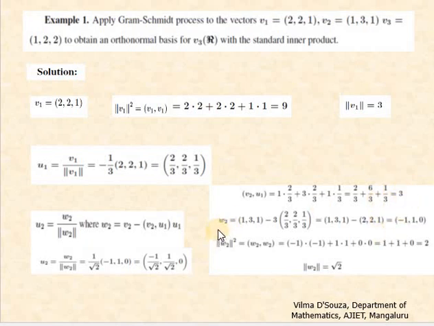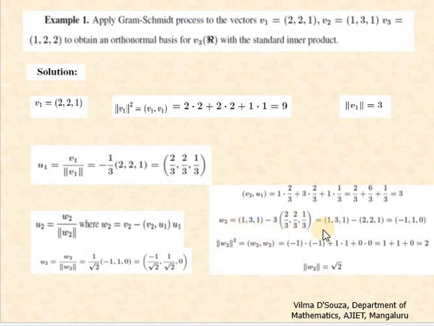So what is your W2? W2 is V2 minus V2 comma U1 into U1. V2 is given in the problem as 1, 3, 1, minus V2 comma U1, which is 3 into U1. U1 is 2 by 3, 2 by 3, 1 by 3.